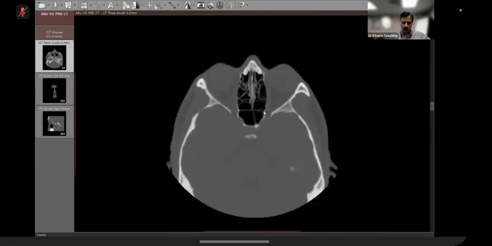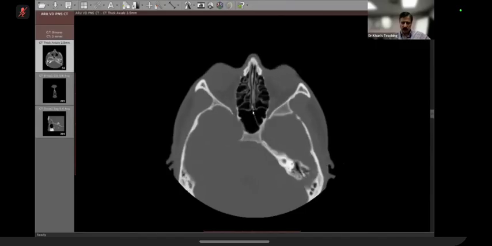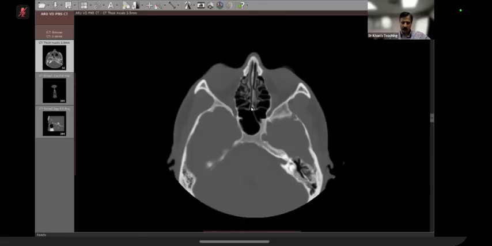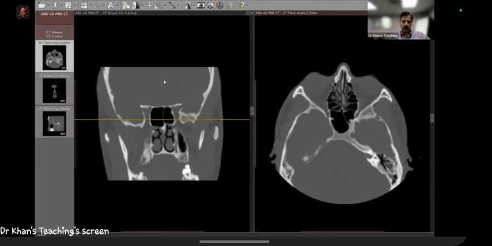If you look carefully on this axial, do you see this ostium where I'm pointing out? This is the drainage pathway of the sphenoid into the sphenoethmoid recess.